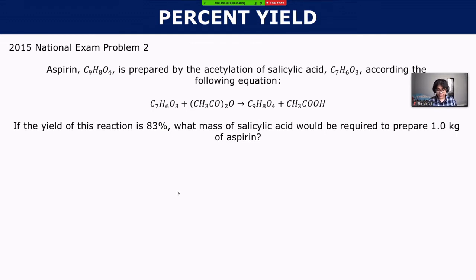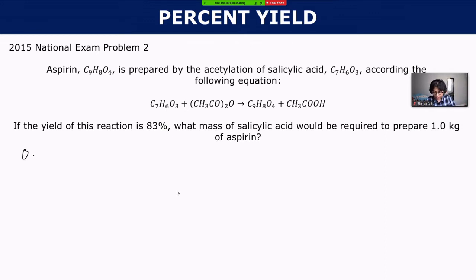If the yield of this reaction is 83%, what mass of salicylic acid would be required to prepare 1 kilogram of aspirin? Okay, so we know that the yield of the reaction was 83%, and that yielded a kilogram. So how much was really used in the process.